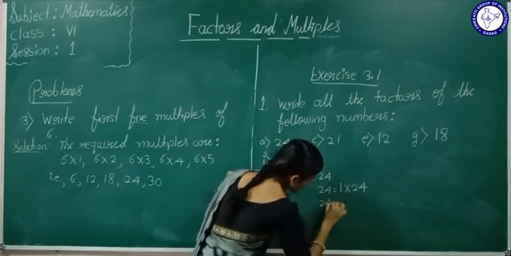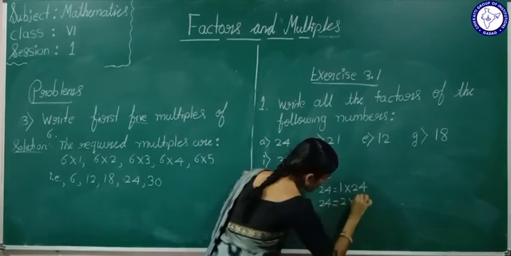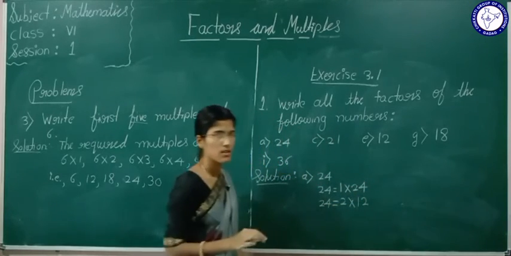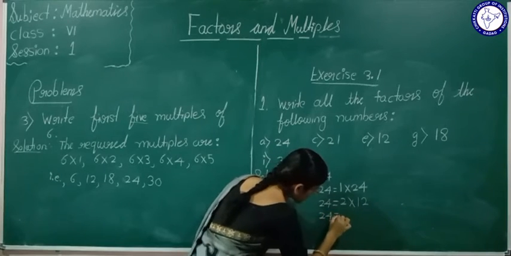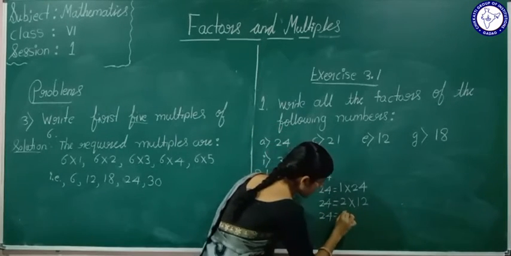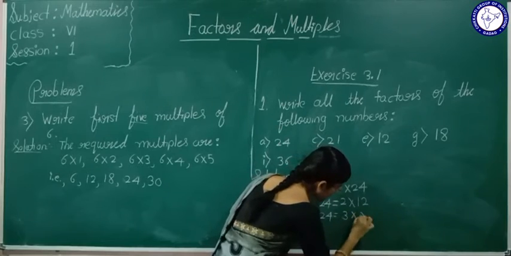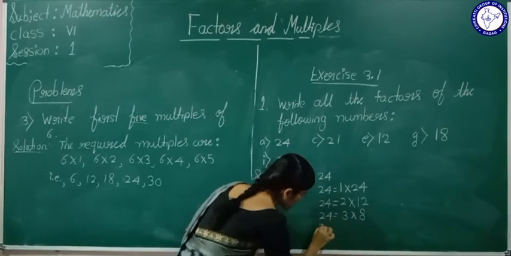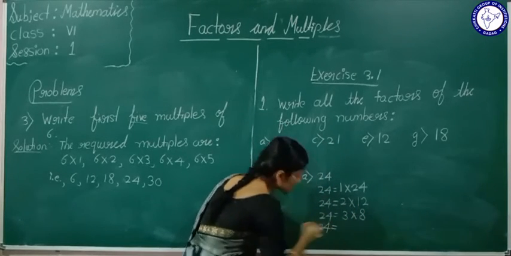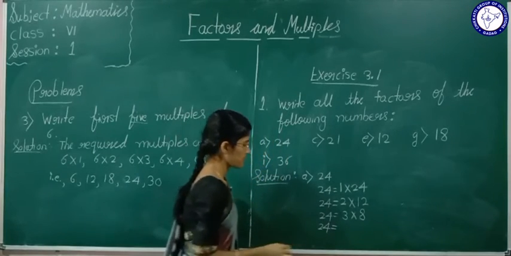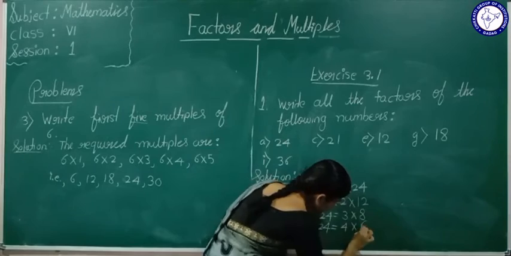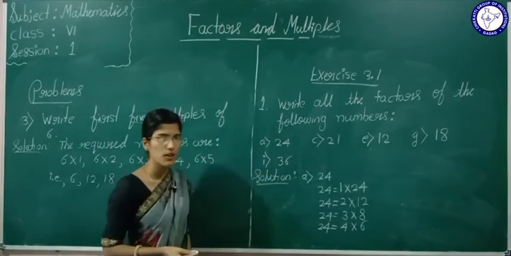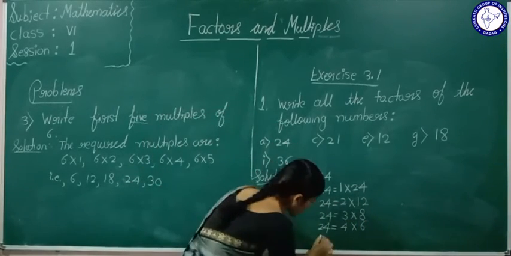Again 24 can be expressed as 2 12s, 3 8s, and 4 6s.